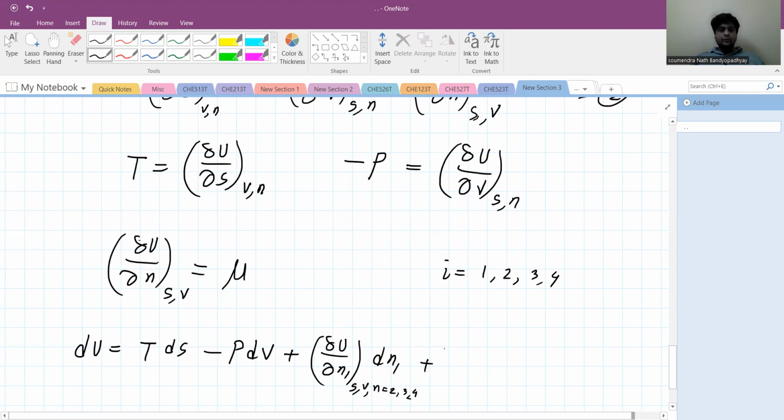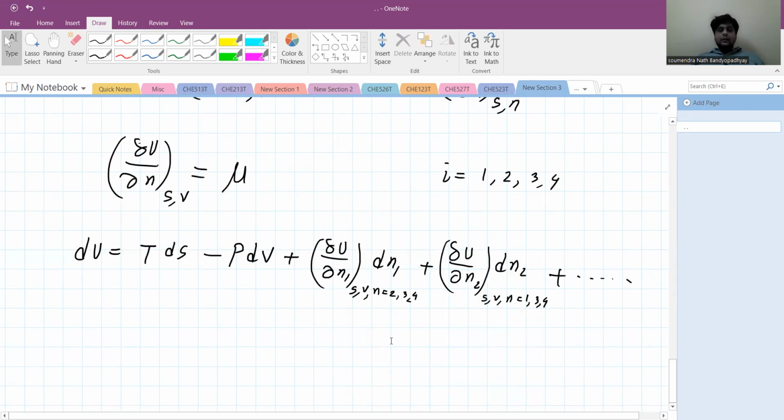If you want to change the internal energy by changing the second component, it should be del U del n2 into dn2 while keeping other components constant. In the same fashion you can add other terms also.